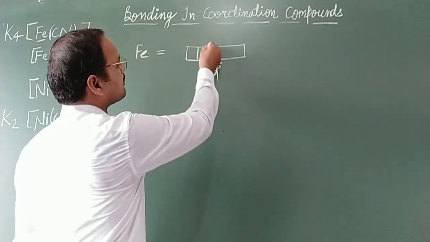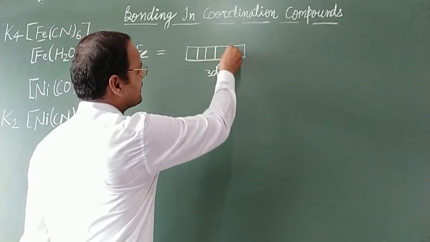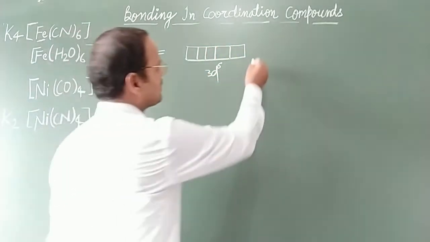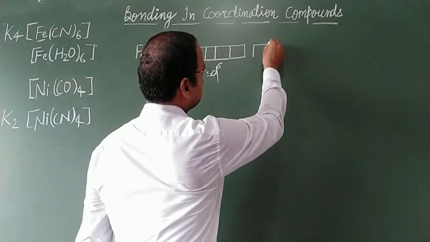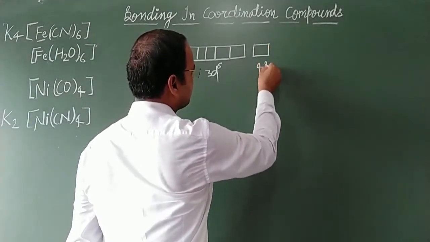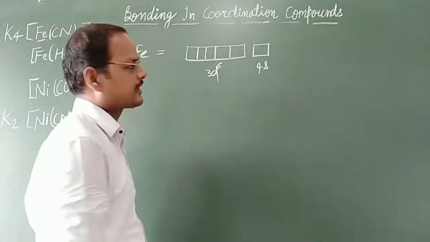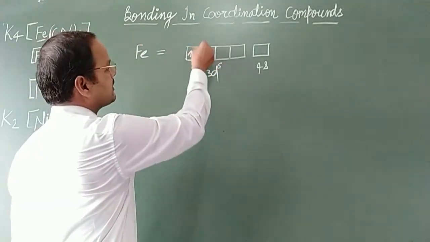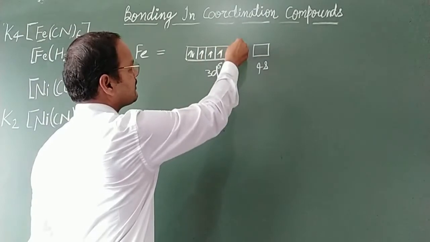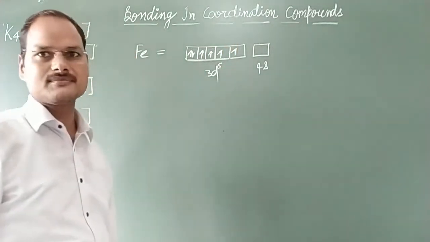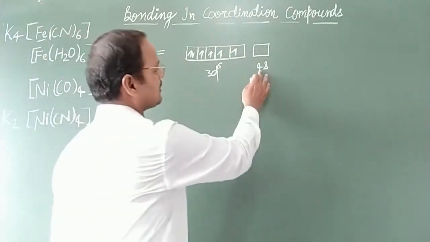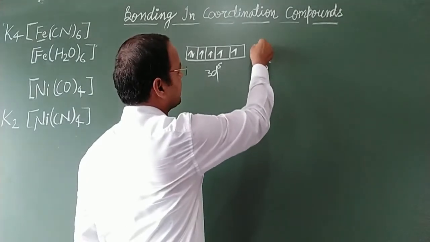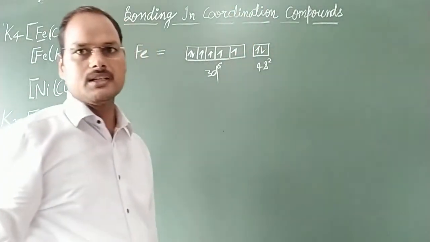There are 5 orbitals in 3d, and after that there is a 4s orbital having 2 electrons. So 6 electrons can be filled in this way in these boxes. I hope you understand. And the 2 electrons can be filled in this way.